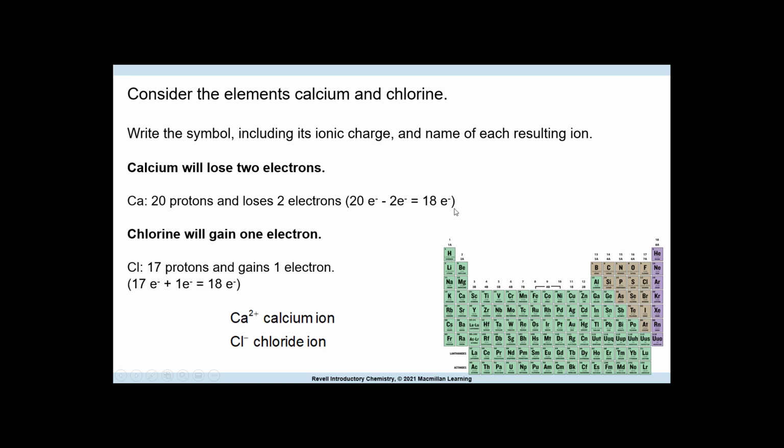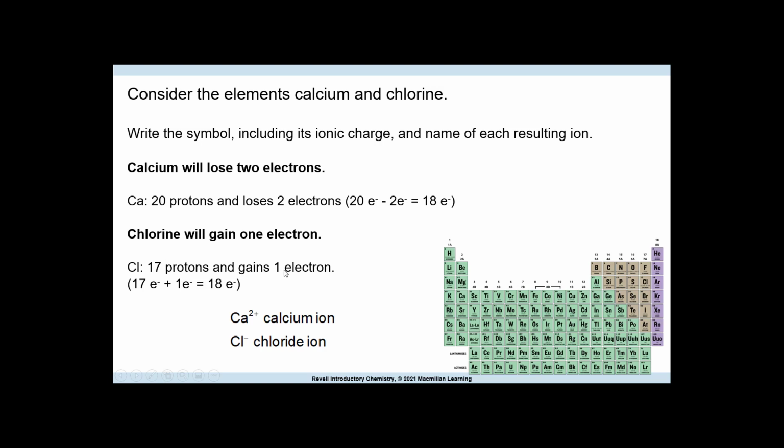I wasn't thinking about it. Anyways, you end up with 18 electrons, but you have 20 protons. That means that you have a positive charge. And because you have a positive charge, you need to indicate that you have a positive charge of 2. So here is calcium. You write a 2 plus in the corner, and that's telling you it's a calcium ion. And you can write out calcium ion.